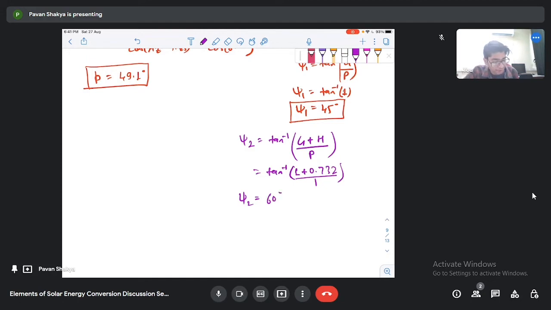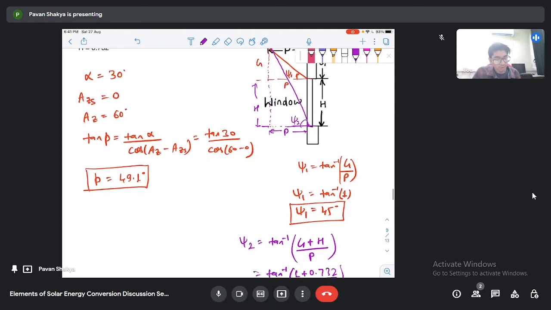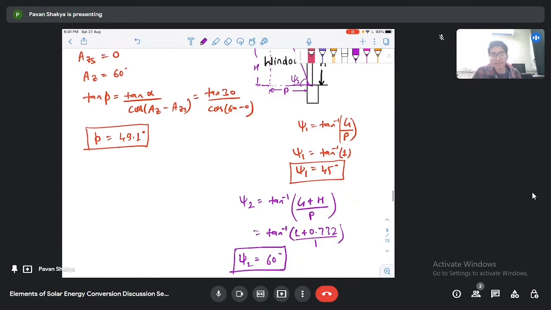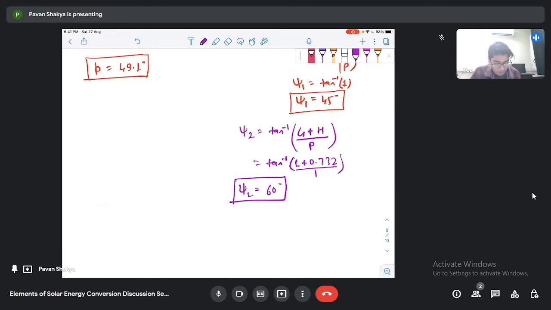Now you will see that the profile angle that we have calculated is 49.1 degrees. We have also calculated psi 1 as 45 and psi 2 as 60 degrees. So from the above calculations you can see that this profile angle falls in between these angles. What does that mean?